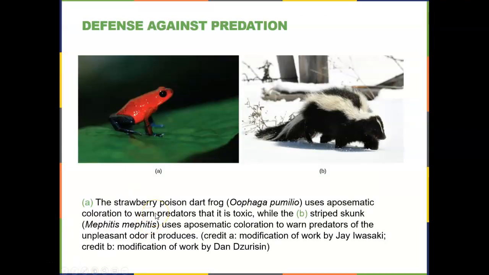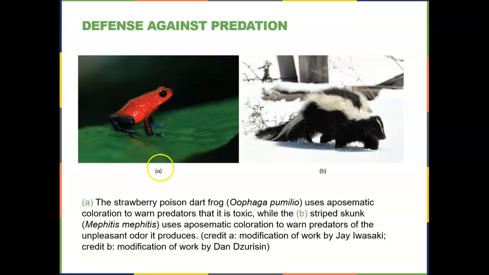Another interaction within communities is that certain organisms will evolve defenses against predation, or being eaten. These organisms will evolve certain aspects that will protect them. Some of these aspects will be very visual and outward as a warning.